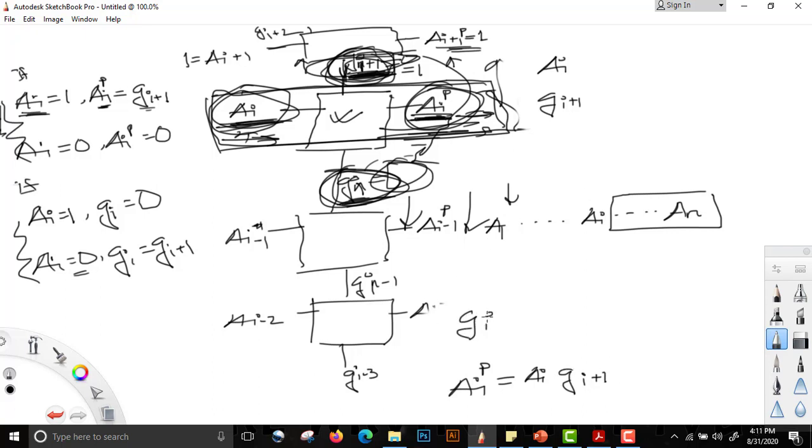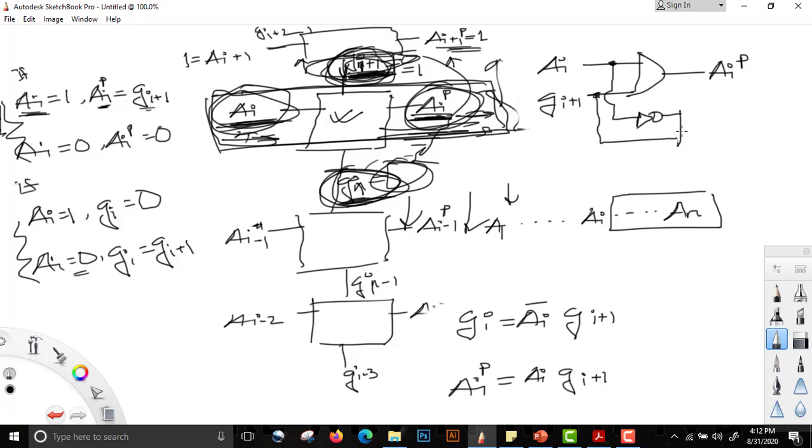And similarly, GI would be AI bar times GI plus 1. So here if we just put this to an AND gate, we'll get AIP, and if we invert AI and take the GI plus 1 and put this to an AND gate, we'll get GI. So this is the logic block that will be operational inside the circuit. So this is actually this block, and this is how we make the bus arbitration logic.